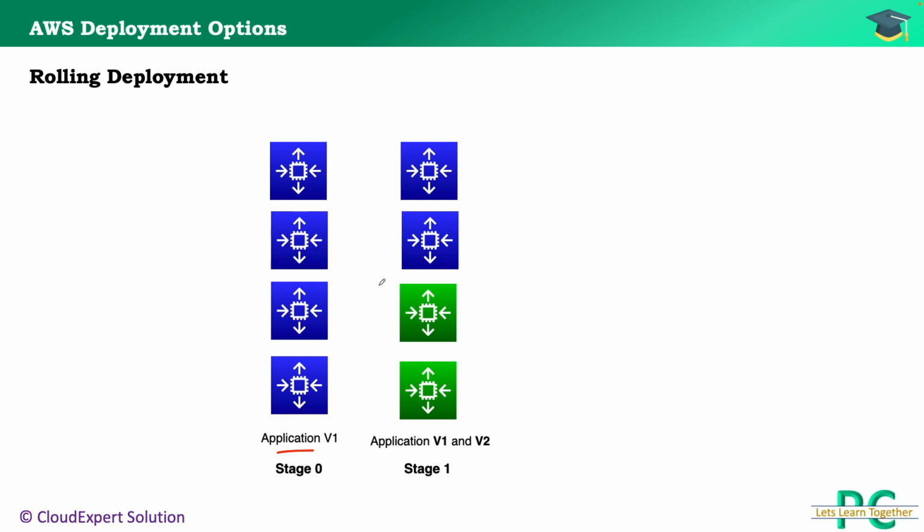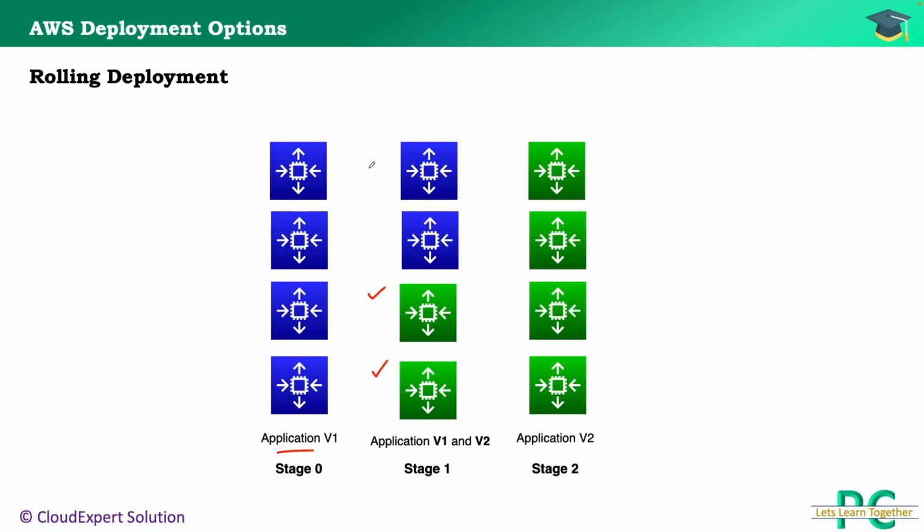That is why 2 instances out of 4 are first upgraded with the new application version, while the other 2 instances are running with the older application. So at one point of time, you will have both the application versions running simultaneously. Then in the next stage, all the 4 EC2 instances will be upgraded to application version 2.